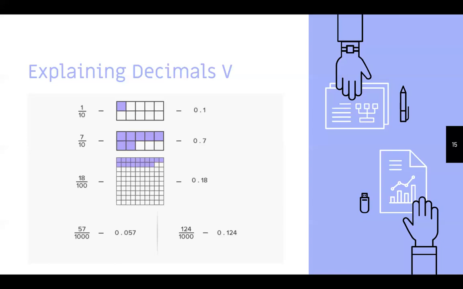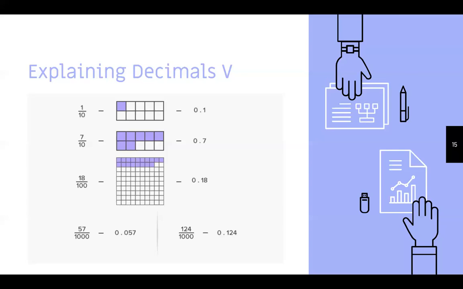You can see these blocks get 10 times smaller, and it can become very scary looking, but just remember the decimal spots and you'll be fine, right? 0.18 is the same as just 18 over 100, right? That 8 is in the 100 spot, so we can just put 100 on the bottom, and that number is 18. So we're doing 18 over 100, and we shade 18 of the 100 blocks.